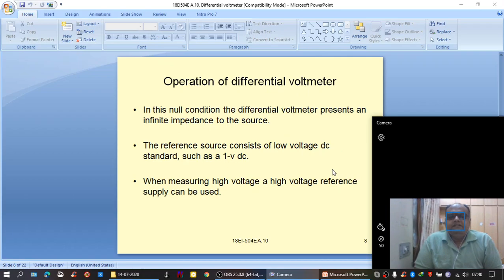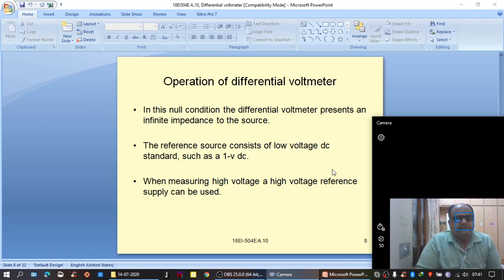In this null condition, the differential voltmeter presents an infinite impedance to the source. The reference source consists of a low voltage DC standard such as 1 volt DC. When measuring high voltage, a high voltage reference supply can be used.